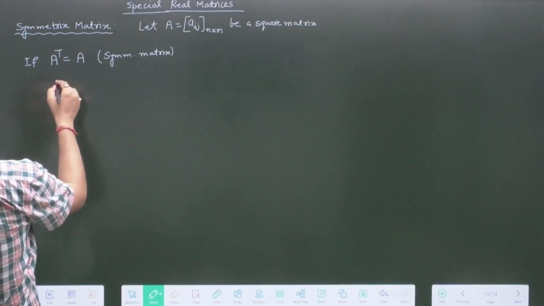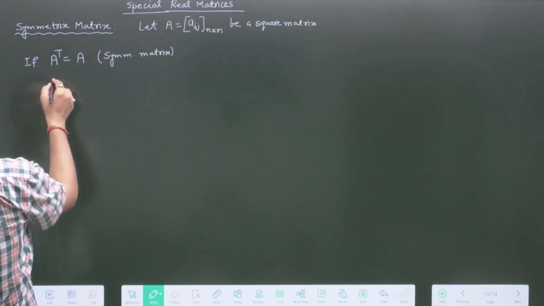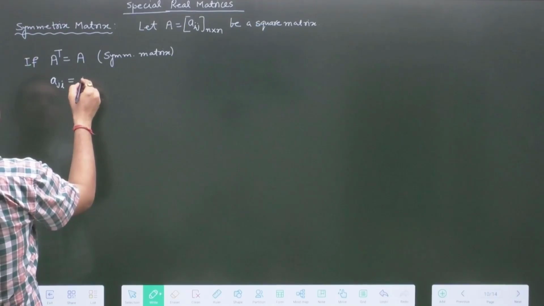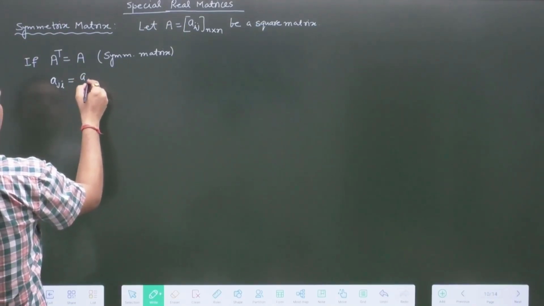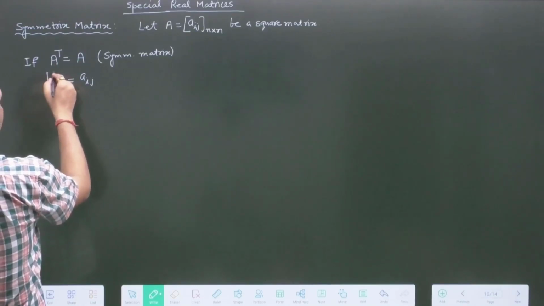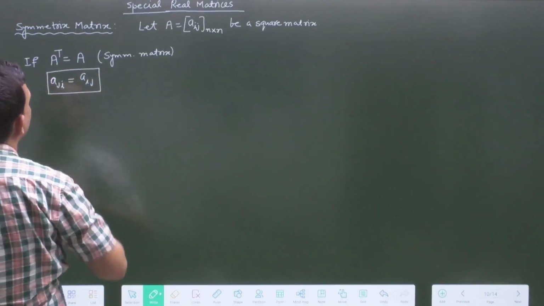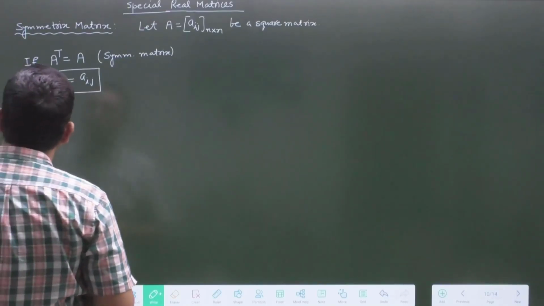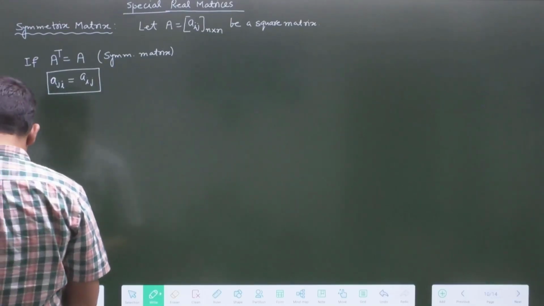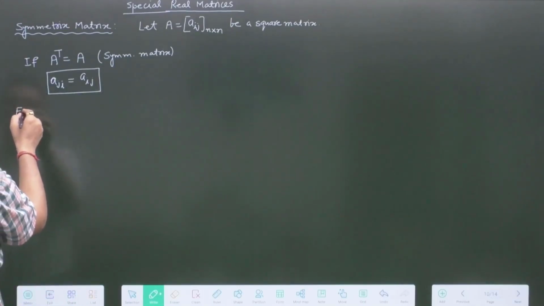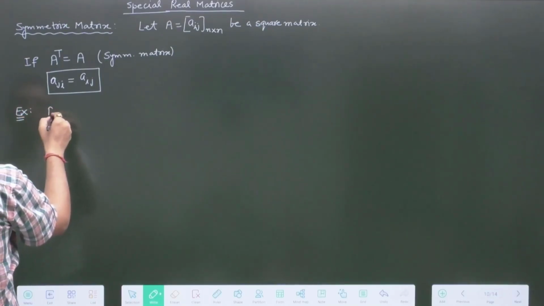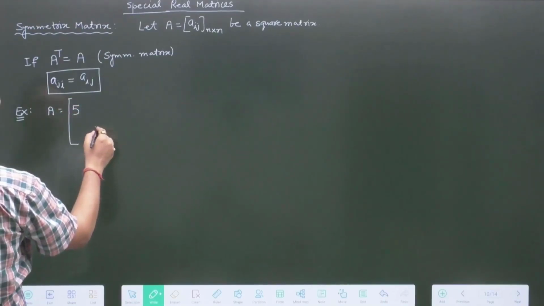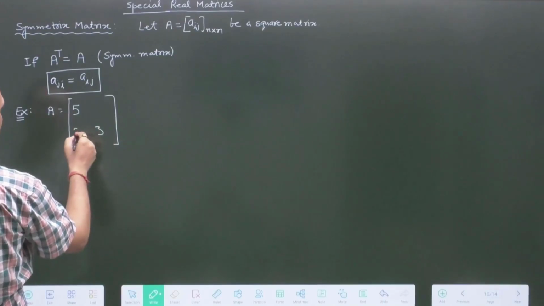So what will be the condition? You know that Aji must be equal to Aij. So you can take some examples. Matrix A: let's say 5, 3, 2, 2.